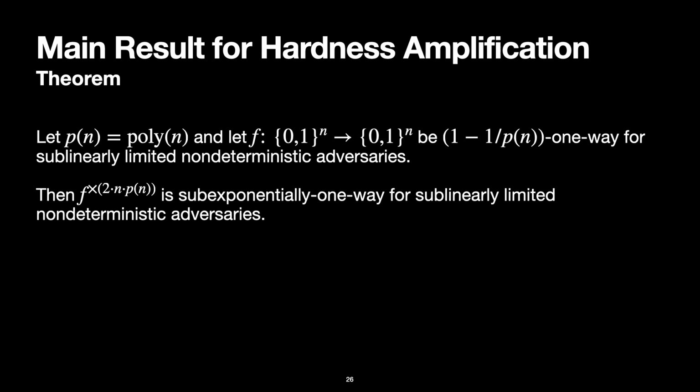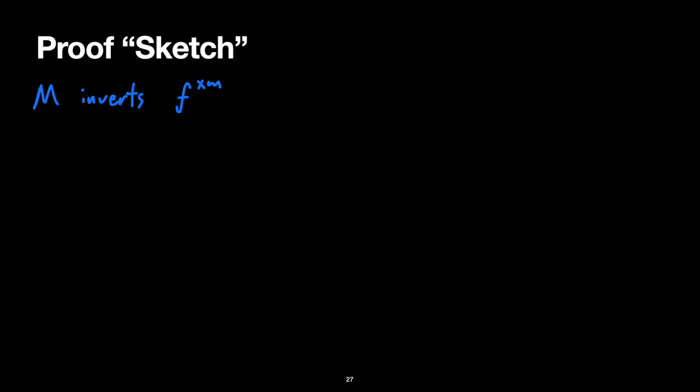Here's the theorem stated in full generality. For some poly p of n and an f, a one-way function that is 1 minus 1 over p one-way, then a small direct product, f direct producted with itself n p of n times, is now sub-exponentially one-way for sublinearly limited non-deterministic adversaries, and the proof is as follows.